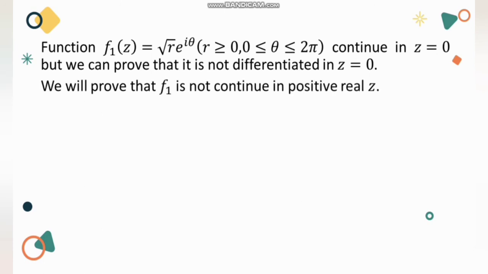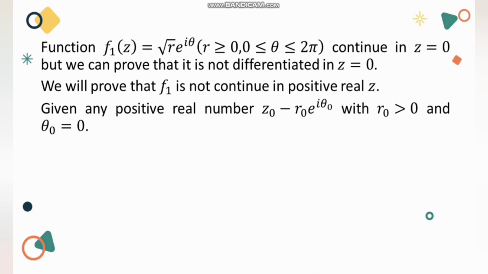And we will prove that f1 is not continuous on the positive real set. Given any positive real number z0 equals r0 e to the power i theta0 with r0 greater than 0 and theta0 equals 0.